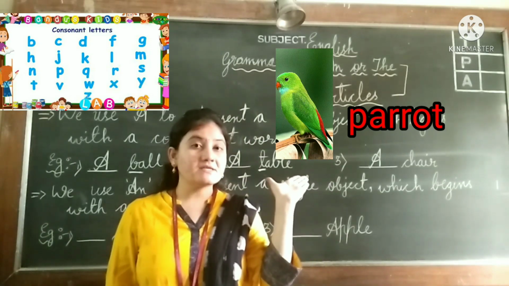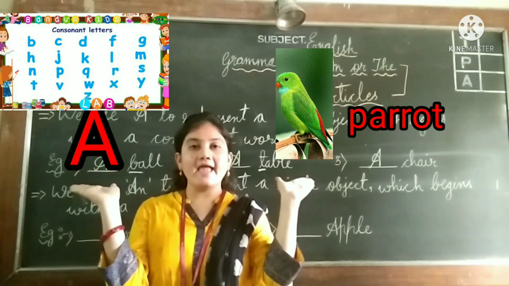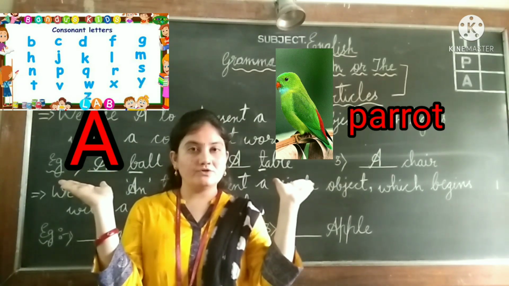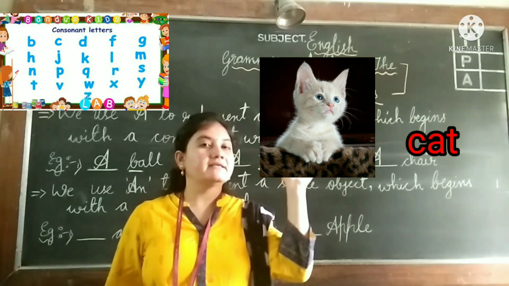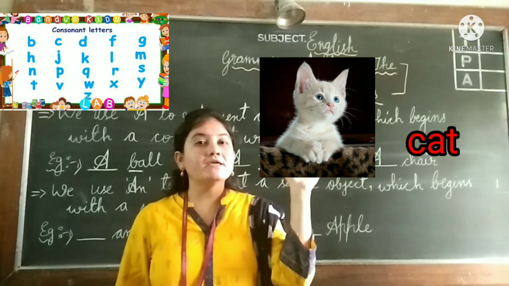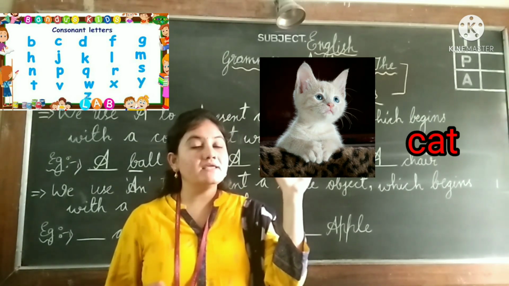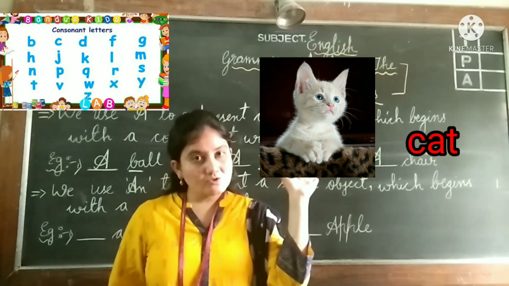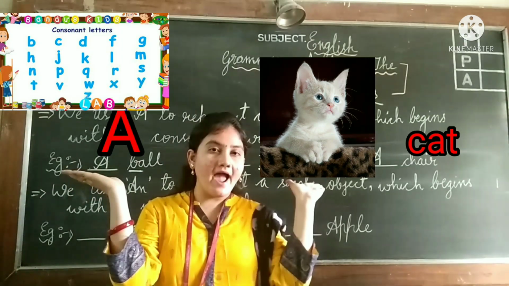Yes, P is a consonant letter, so we'll use A parrot. Next, what is the picture? Yes, cat. The word cat begins with the letter C, a consonant letter, so we'll use A cat.